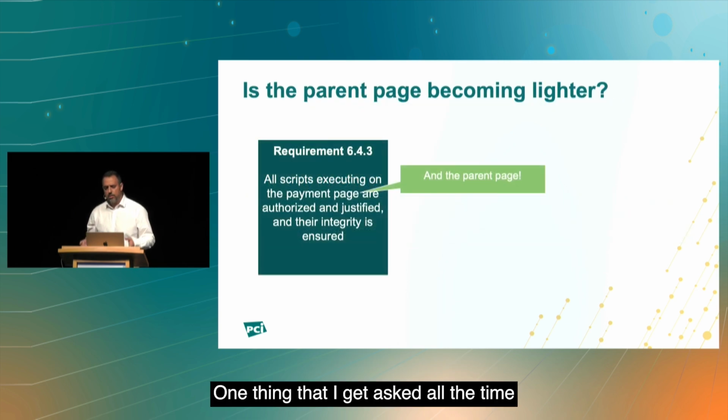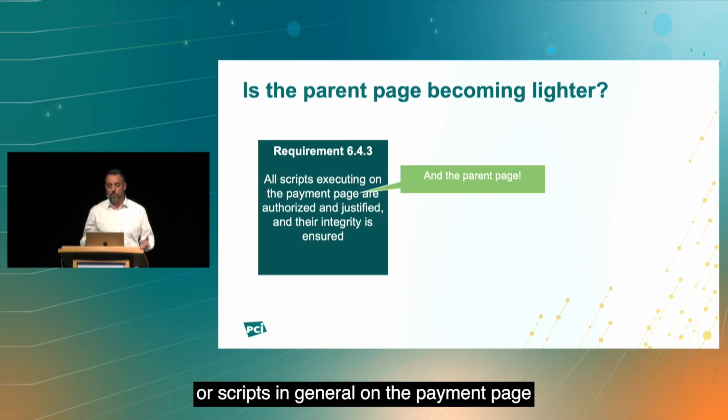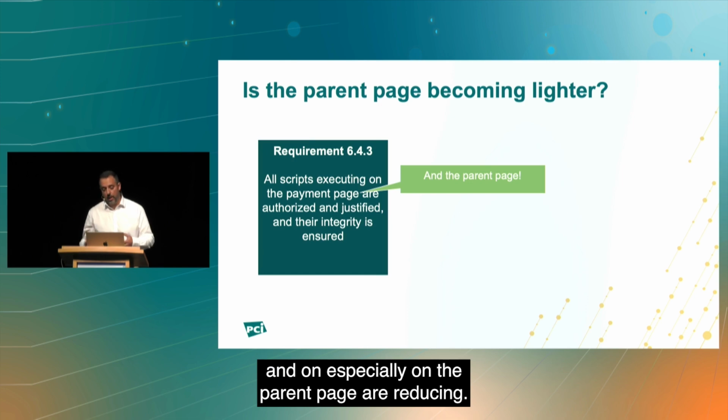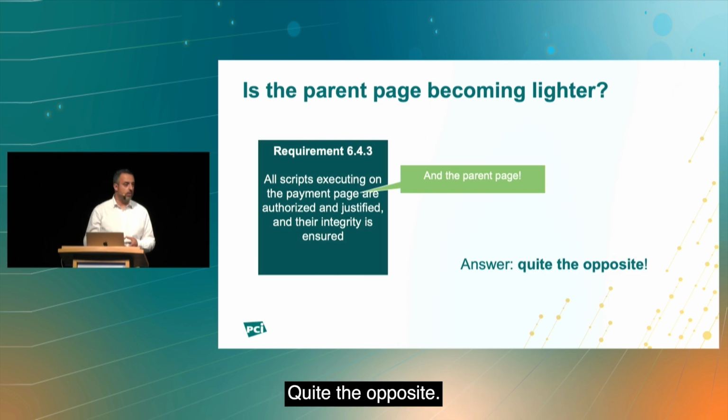One thing that I get asked all the time is, with these two new requirements, does that mean that the number of third-party scripts, or scripts in general, on the payment page and especially on the parent page are reducing? Are they? And my answer is no, quite the opposite.